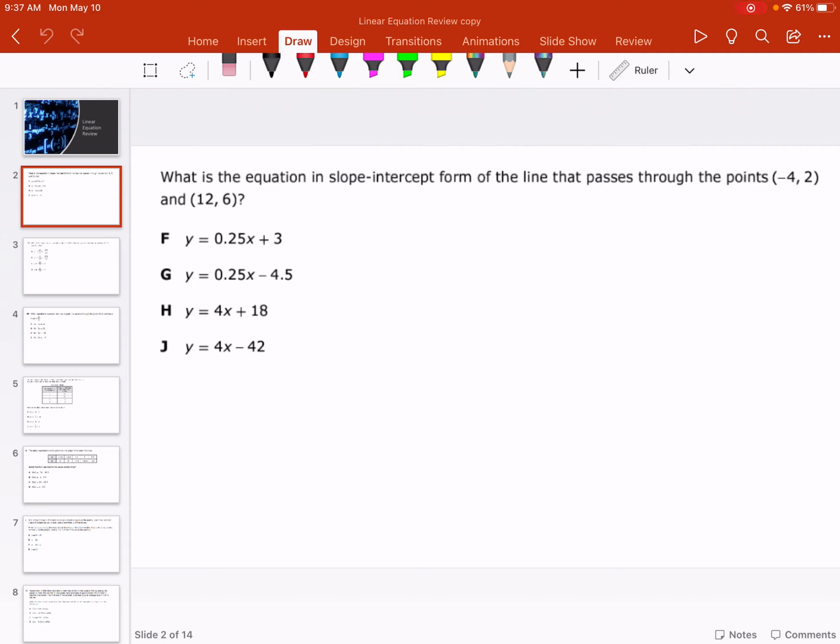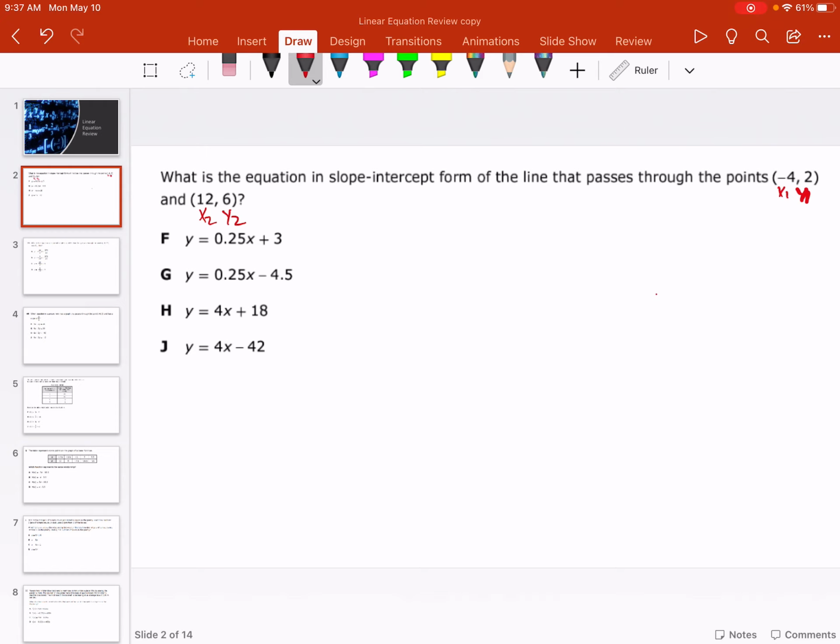It says, what is the equation in slope-intercept form of the line that passes through the points (-4, 2) and (12, 6)? Whenever you have 2 points, always write down x1, y1, x2, y2. It's always safe to write this down.